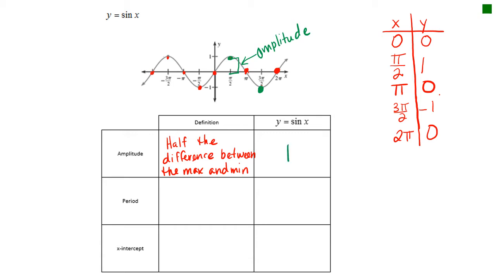All right, then we talk about the period. It's the shortest repeating section in a cycle.